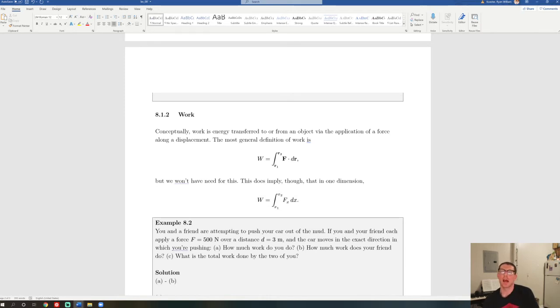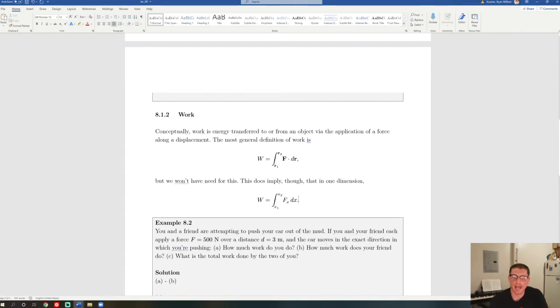Now we've in essence taken this three-dimensional integral and made it one-dimensional, and this I think is something that we can handle at the level of this class, assuming that the expression for the force is not too crazy. And for the problems that I give you, it won't be, okay?